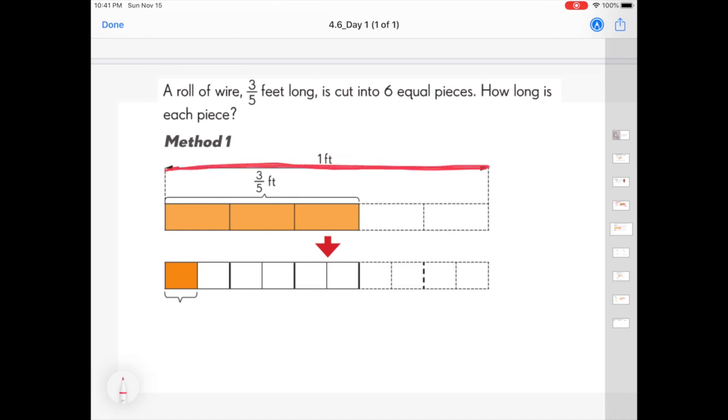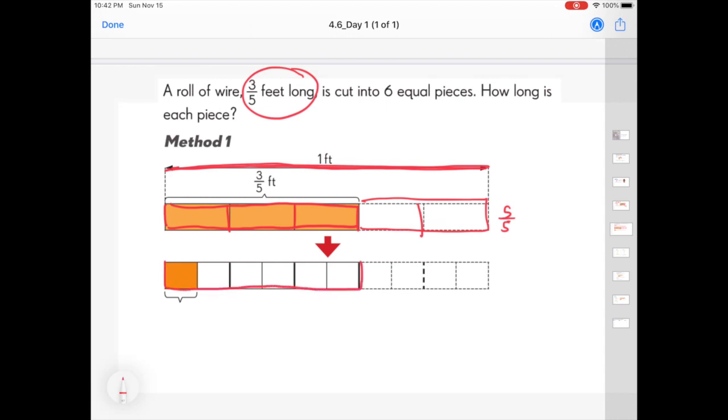So the fractional part that we're looking at is that the roll of wire is 3/5 of a foot long. So here's the portion that we're looking at. Again, the whole would be 5/5. Of that 3/5, it is cut into 6 equal pieces.